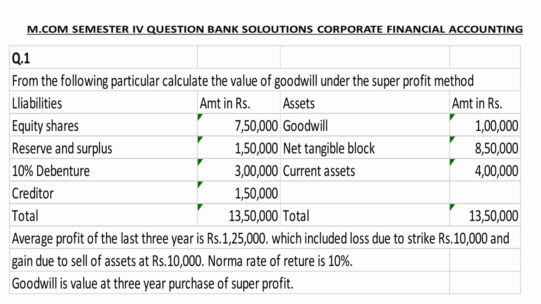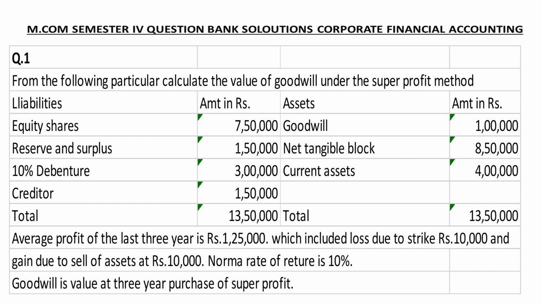The average profit of the last 3 years is 1,25,000, which includes a loss due to strike of rupees 10,000 and a gain due to sale of asset of rupees 10,000. In this average profit they have included the loss due to strike, but a strike doesn't happen every year, so we have to add back this 10,000.